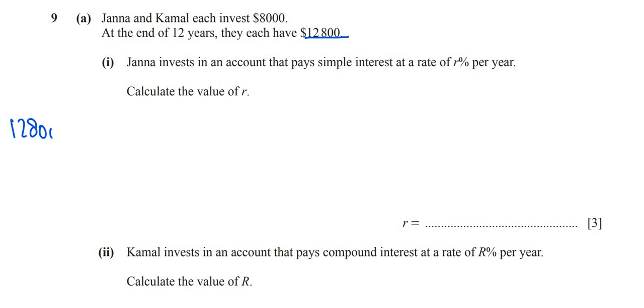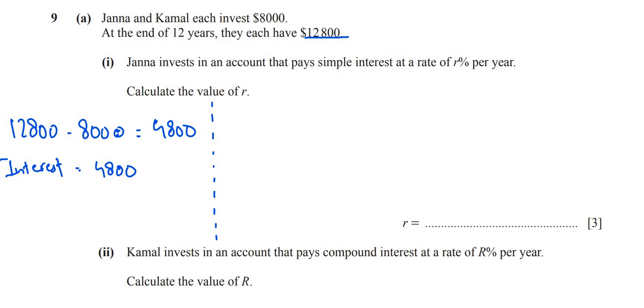So 12,800 minus 8,000, that gives you 4,800. So interest is actually 4,800. All right. How much is interest? 4,800. We need to find the rate of interest.